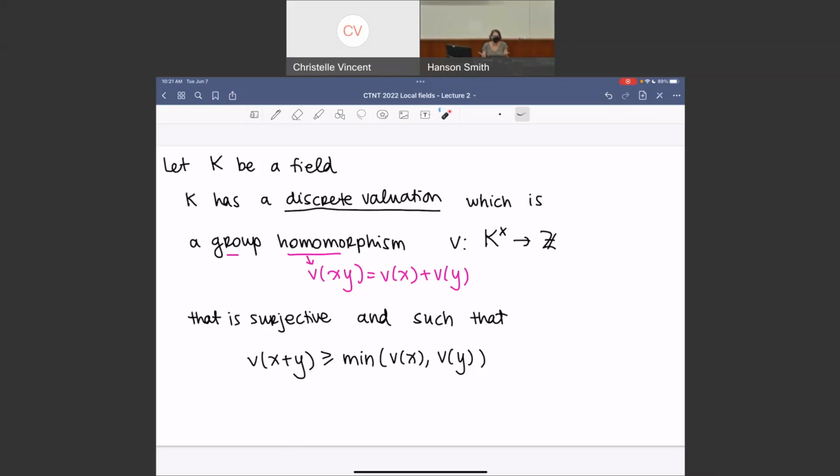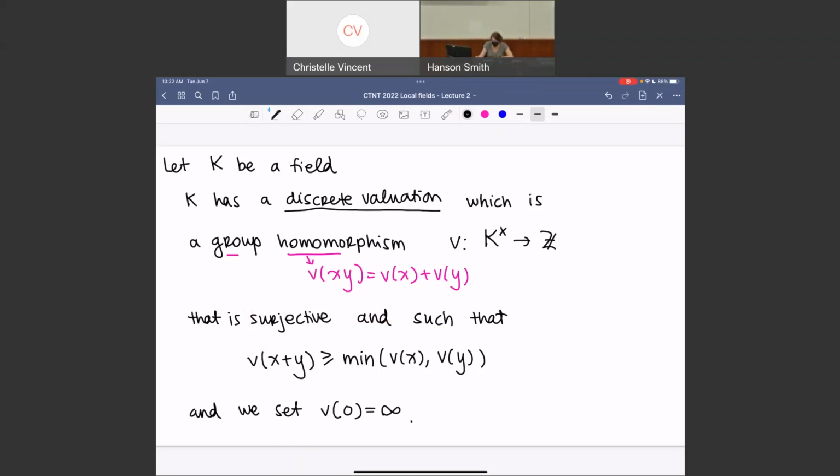It's just to say there's something that has valuation 1, not valuation 3 that you have to bring back down to 1. Okay, so you want it to be surjective and such that this is satisfied, and we set the valuation of 0 to be infinite, right? So that's the last part. So that's a discrete valuation, that's the definition.